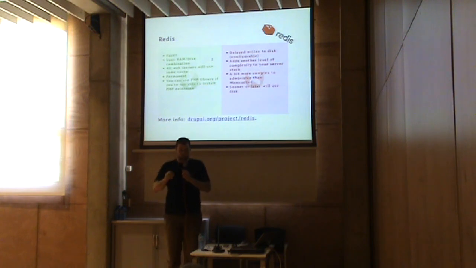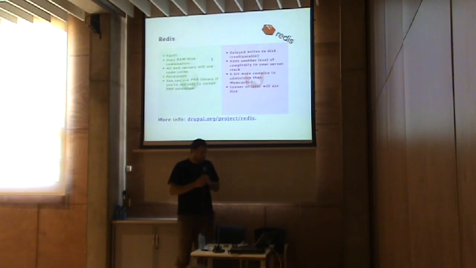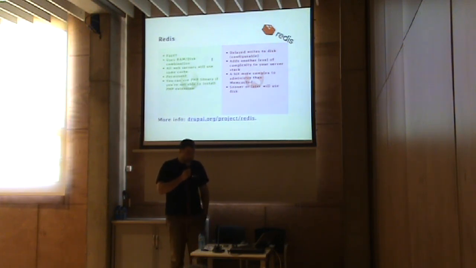When you store something in it, it will go into RAM, and depending on your configuration, after some time, Redis will write this down to disk, and when it's written down, the data will stay there. It's also really fast, depending on how you configure it. It has all the advantages of Memcache.